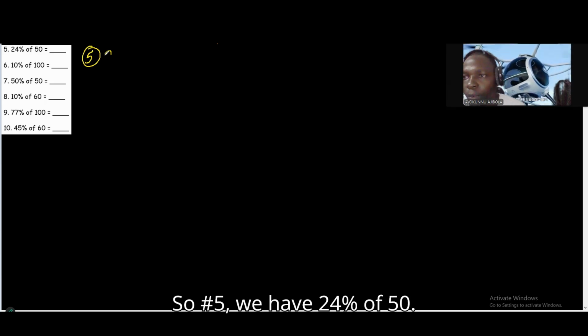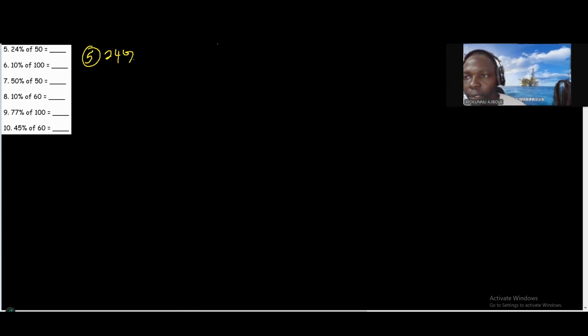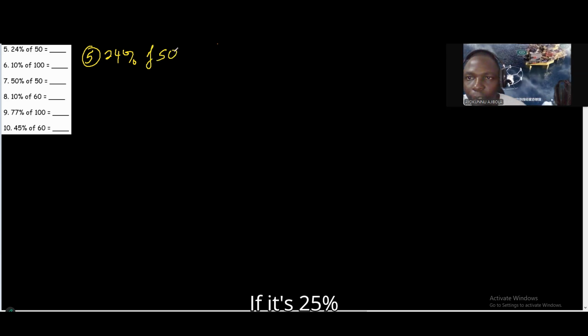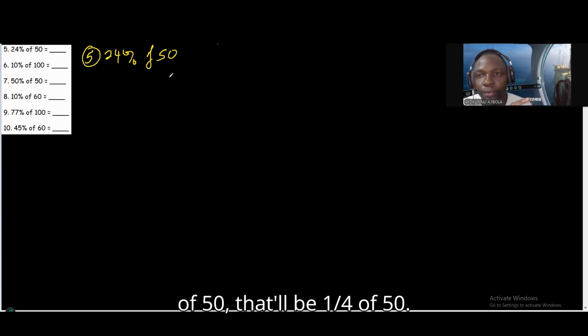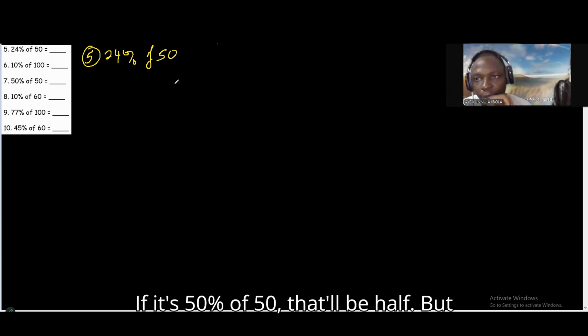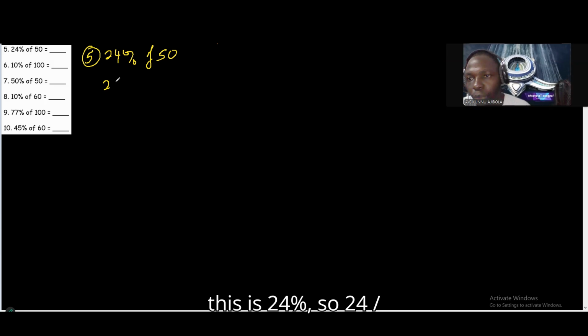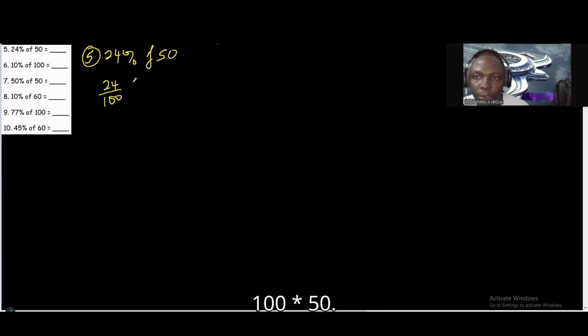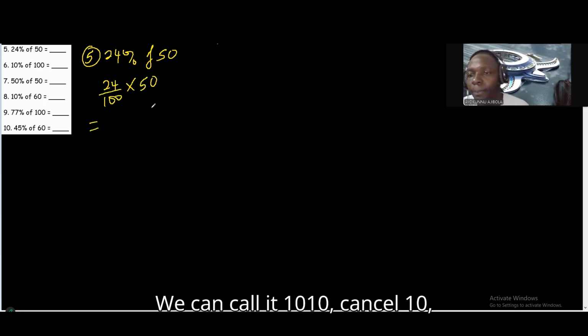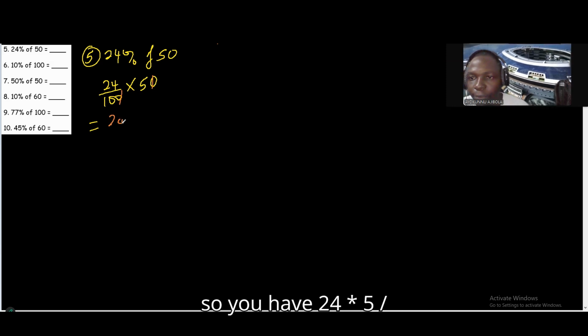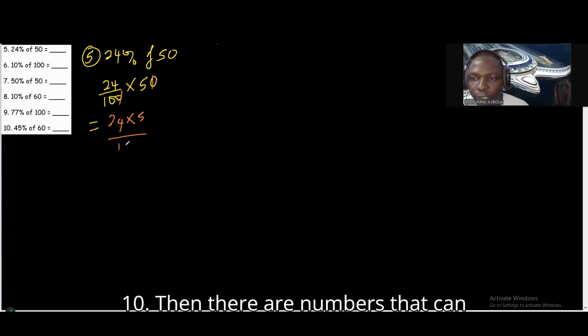So number 5, we have 24% of 50. If it's 25% of 50, that'll be 1/4 of 50. If it's 50% of 50, that'll be half. But this is 24%, so 24 over 100 times 50, we can cut one zero. So you have 24 times 5 over 10.